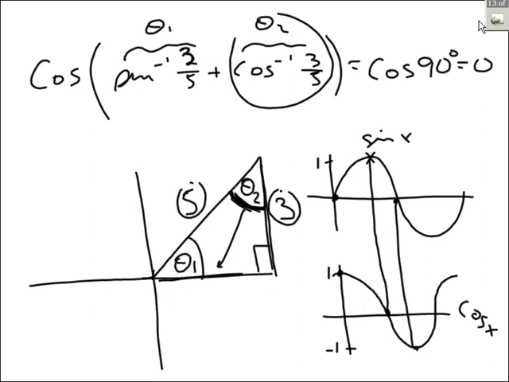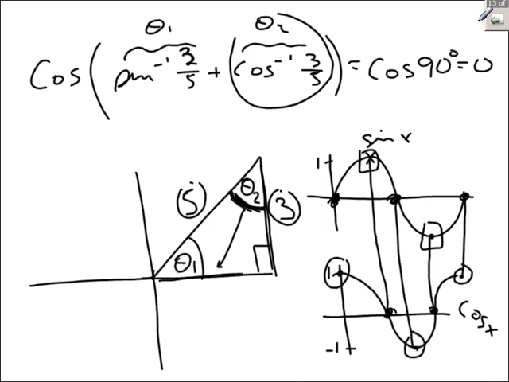When sine is negative 1, cosine is 0. When sine is 0, cosine is negative 1. When you have zeros, the other trig function will be either 1 or negative 1. When cosine is 0, the sine will be 1 or negative 1.